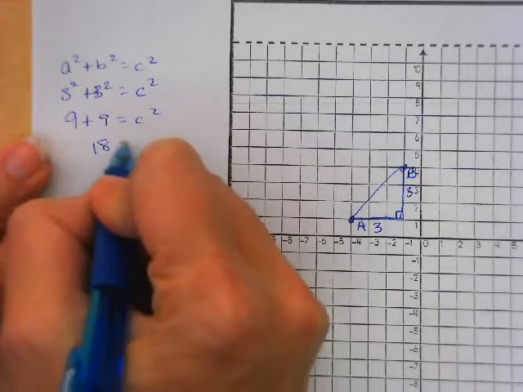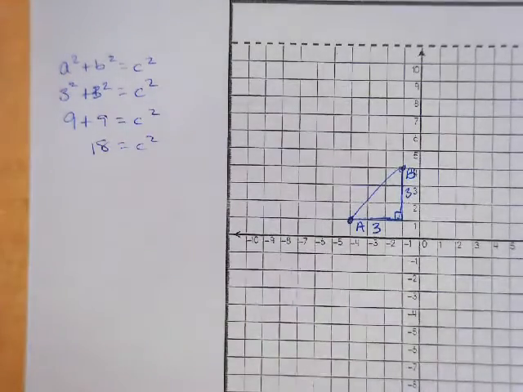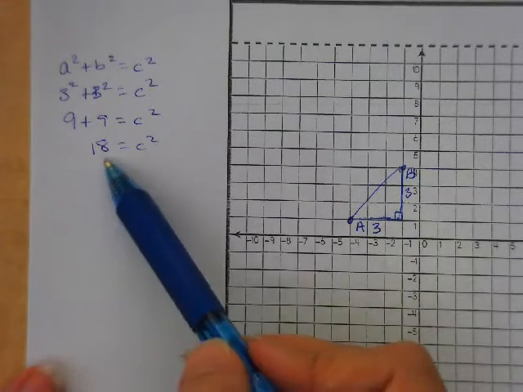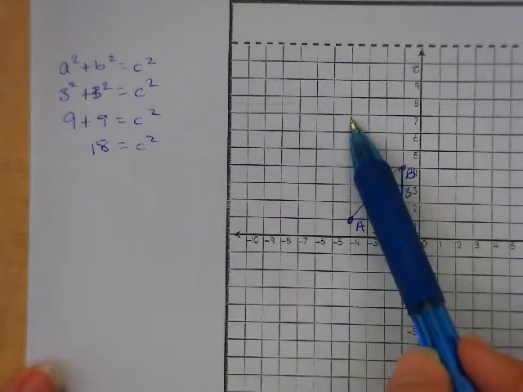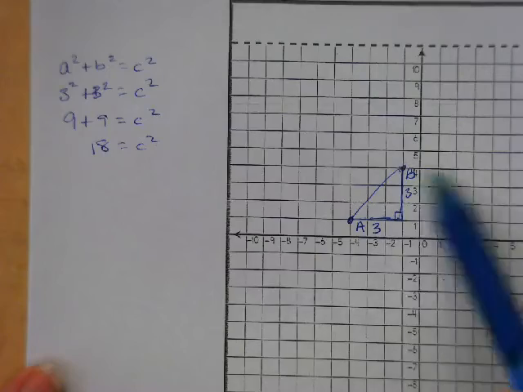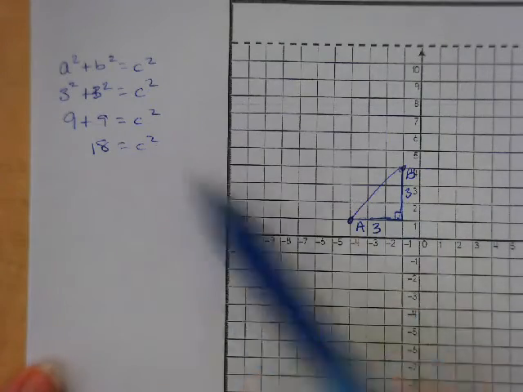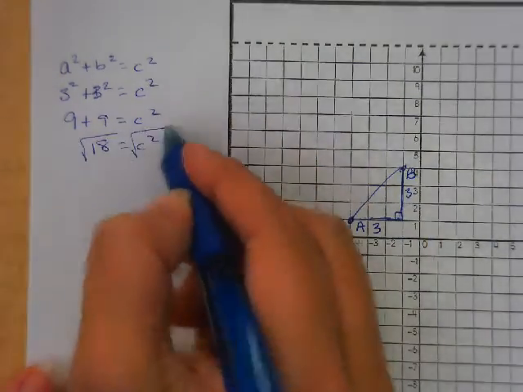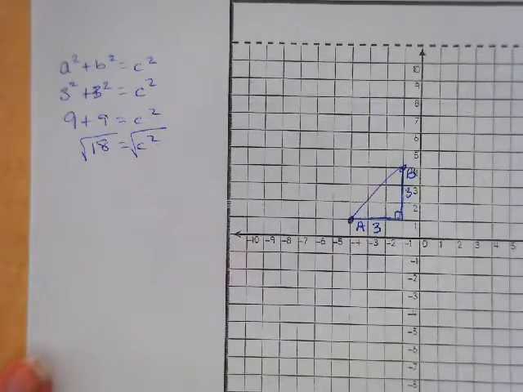So we have 18 equals C squared. Am I asking for C or C squared for this side length? I'm asking C squared. So this would be our area. So if we drew our squares on the side, that would be our area. But if I want just C, then I need to take the square root. Make sure you use your calculator for that.